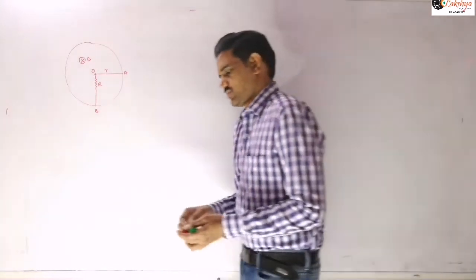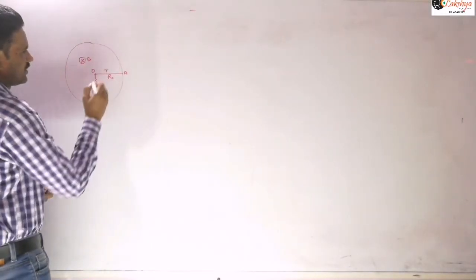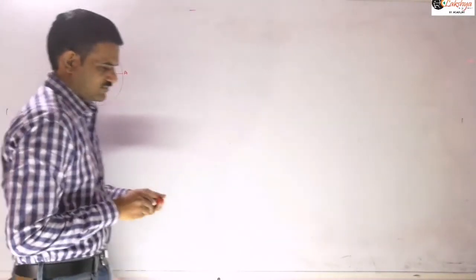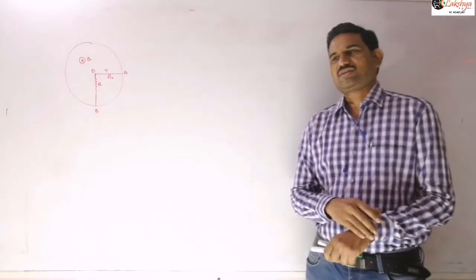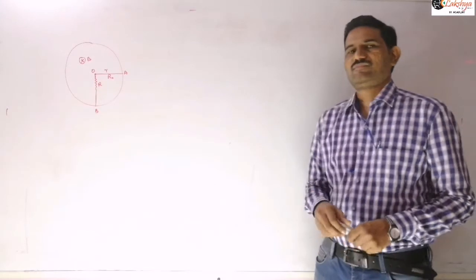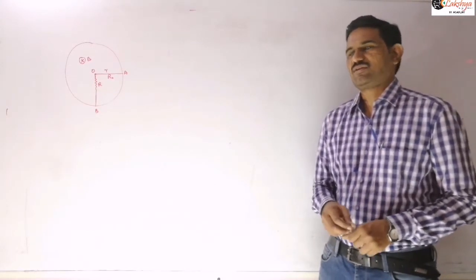The resistance of this rod is R naught. Another resistance R is connected between the circumference and the center.